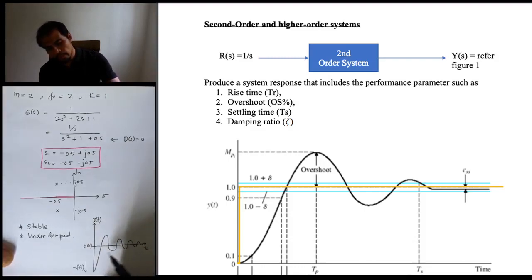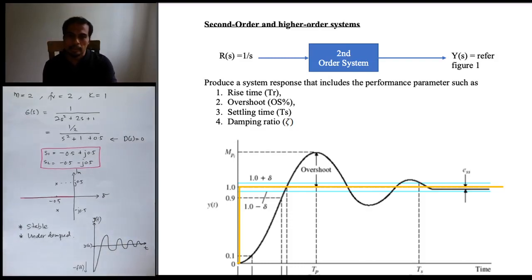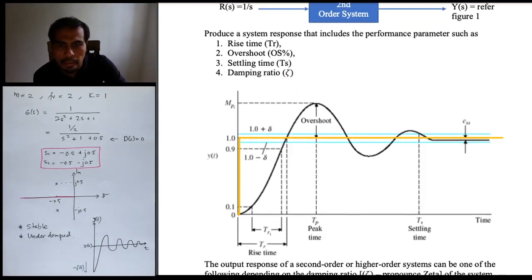So once we have this, we need to find parameters, right? We need to find the parameters you see in the slide on the right. There are parameters in second order systems. The first one is the rise time, TR, overshoot, which is the magnitude, the highest magnitude over the steady state line, and then TS is the settling time, the same parameter as for first order systems, and we have the damping ratio.